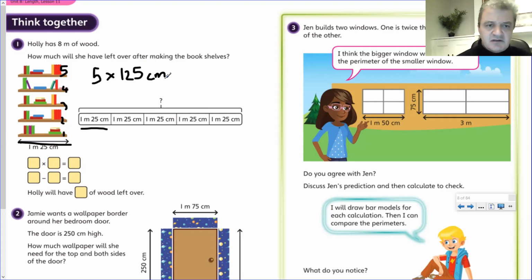Or I might have a go at doing it like this. I'm going to count in meters first. 1 meter, 2 meters, 3 meters, 4 meters, 5 meters. So I've got 5 meters. And then I've also got 5 lots, so 5 times 25 centimeters.